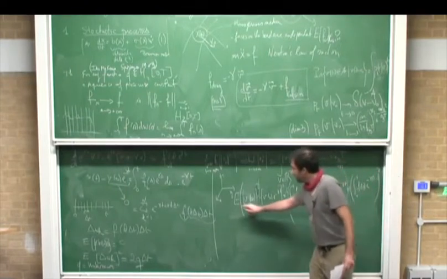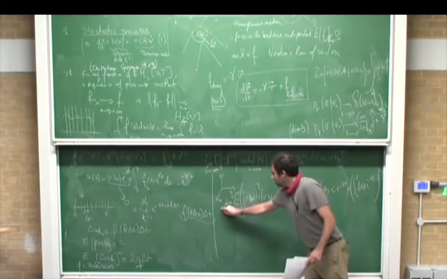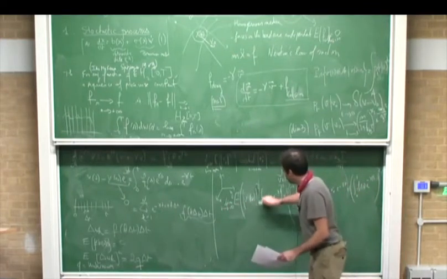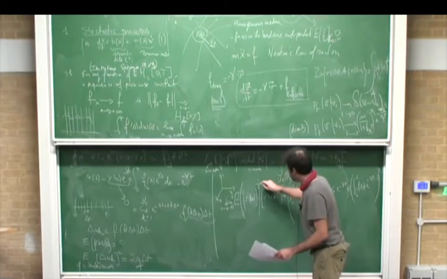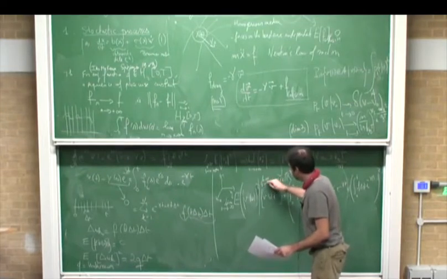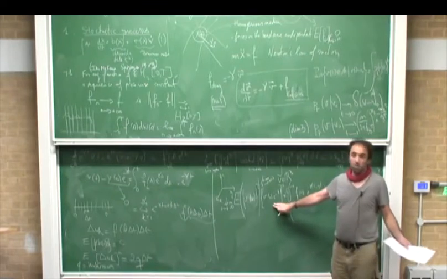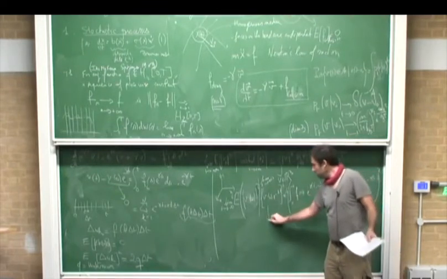So now we're interested in taking the limit when t goes to infinity of all of this. What is the limit when t goes to infinity of this term? 0, because the exponential goes to 0.